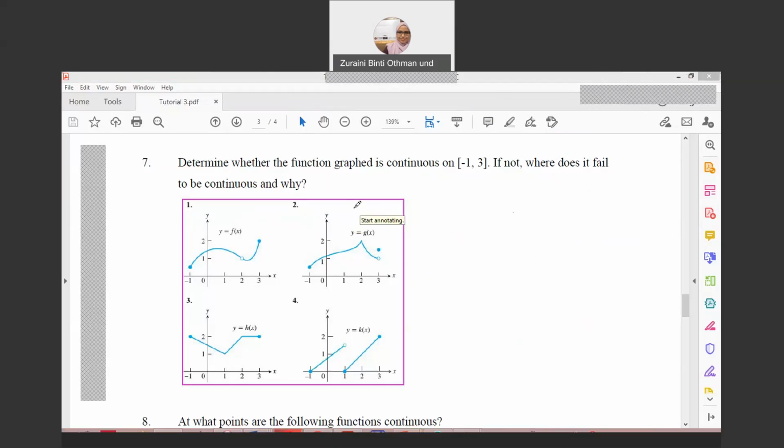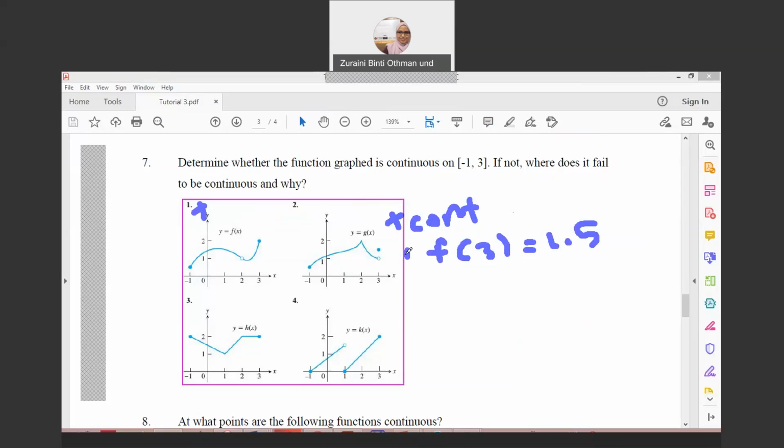number 1 and number 2 must be equal. Now for graph number 2, this is also not continuous. Just now number 1 is not continuous, and number 2 is also not continuous, because here when we see x is equal to 3, f(3) is equal to 1.5 based on the first test of continuity, and the second test of continuity, which is the limit as x approaches 3 from the left.